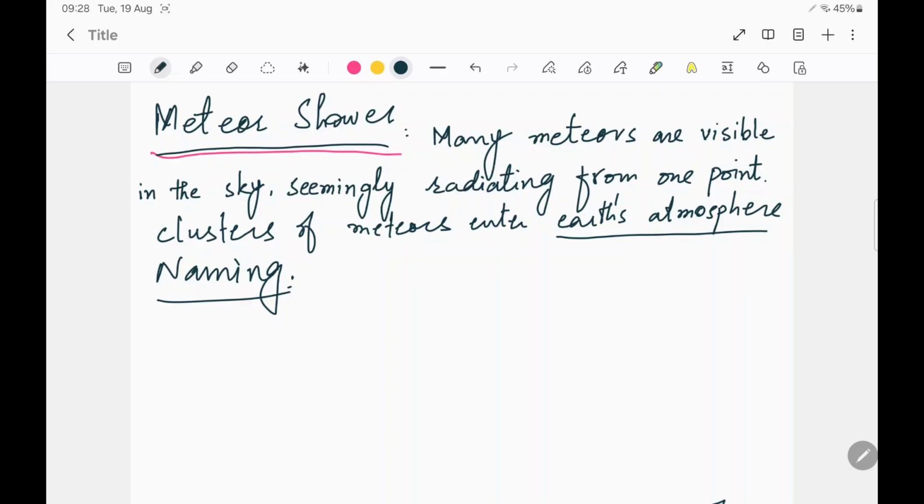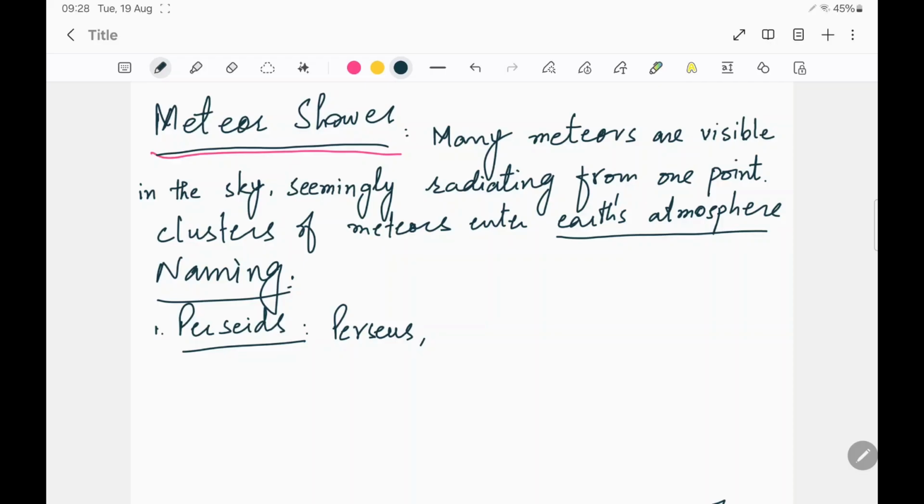And in fact, in your book, they have named the major meteor showers. And the very first one is the Perseids. They come from the constellation Perseus, and that is why they are named after it.